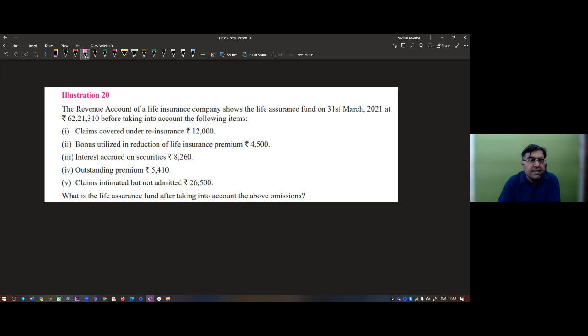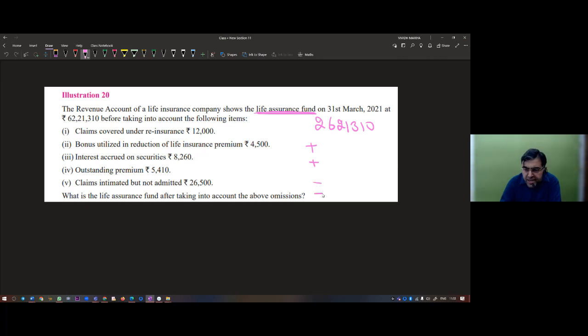See, there is a general fund, there is a life assurance fund, and due to any profitability, the fund will increase, otherwise the fund will reduce. The balance in the fund is 26,21,310. For income, the fund will increase.